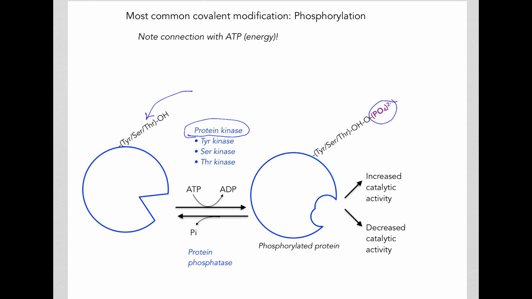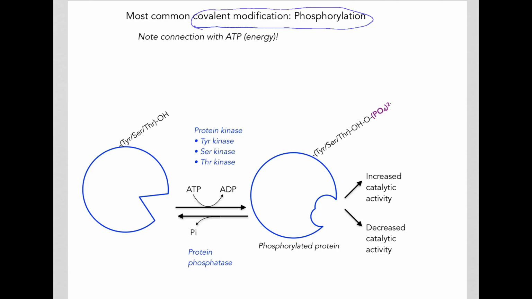The phosphates are always added either on tyrosine or serine or threonine, and once the protein is phosphorylated, the protein is going to change shape, and that change in shape can either increase its function, whatever function the protein has. If it's an enzyme, then the catalytic activity can be increased, or the function can be decreased. So phosphorylation of a protein will affect its function. So this is a very important way of controlling protein functions.